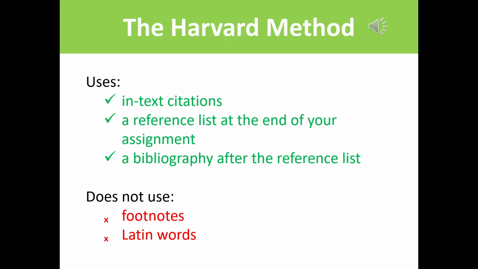And then it also includes 2 things at the very end of your essay, a reference list and a bibliography. And I'll explain later on about the difference and what goes in those 2 documents. The Harvard method does not use footnotes, so we wouldn't be expecting to see any footnotes in your coursework essay, and it also doesn't include the need for any Latin words or terms that are difficult to use, so it's a fairly straightforward method of referencing.